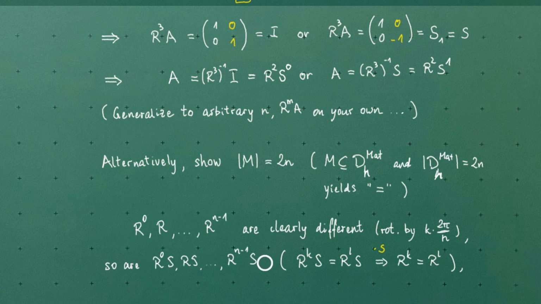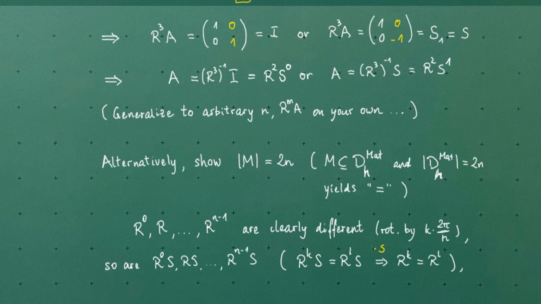The same for these guys here, all those multiplied by an s, because if those two here would be equal, I multiply from the right with s, and because s squared is the identity, this leaves me with r to the k equals r to the l, and this leaves me no choice but that k must have been equal to l.